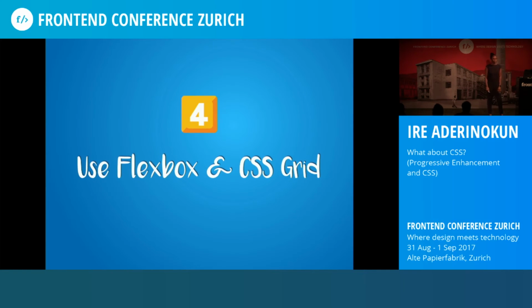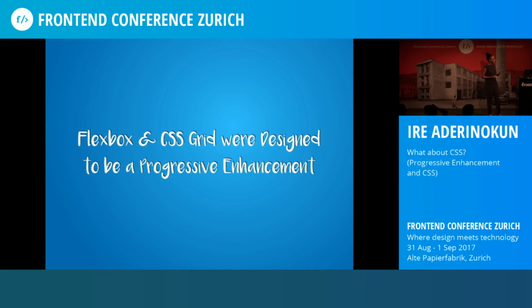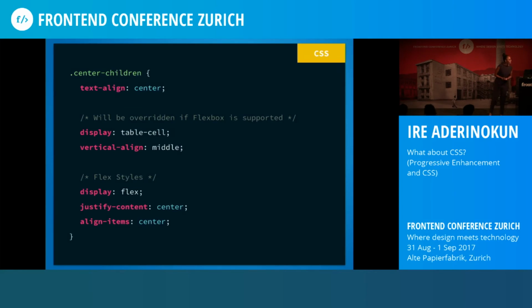Another thing you can do is use Flexbox and CSS Grid. And these were actually designed to be a progressive enhancement. So for example, something that you probably commonly want to do is to have an element that is centered both horizontally and vertically within its parent. The old way to do this would be using display table cell, and it's not necessarily a great way to do it.